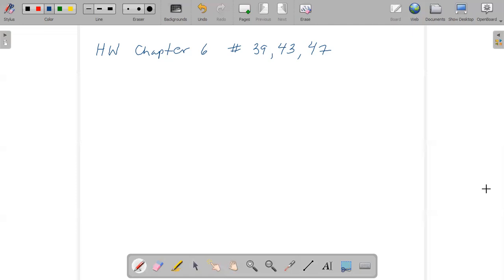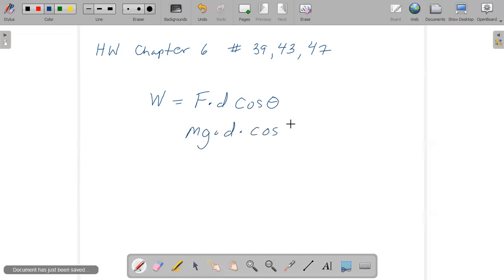All right, the work is equal to the force times the distance times the cosine of the angle between them. So we have the force is mg, the weight, times d, times cosine of 0.